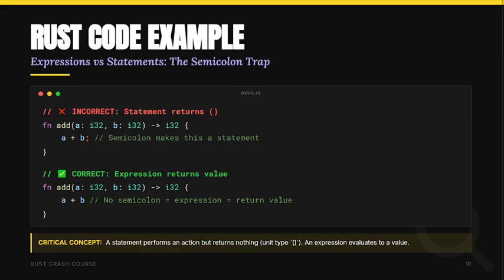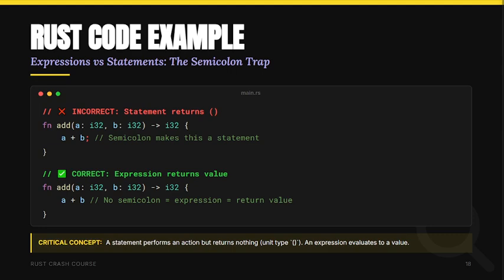Now let's look at the semicolon trap. This is important enough that it gets its own slide. Let's look at a common mistake. We have two versions. Here is the incorrect one, and here we have the correct expression because we don't have a semicolon on our return value.